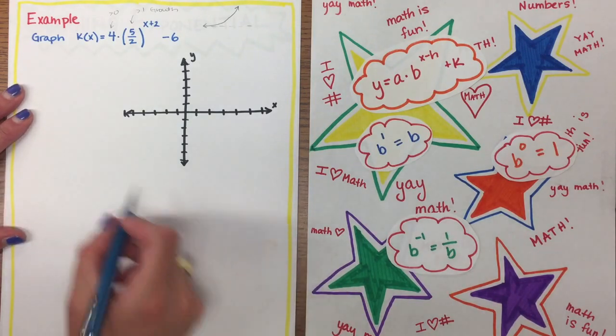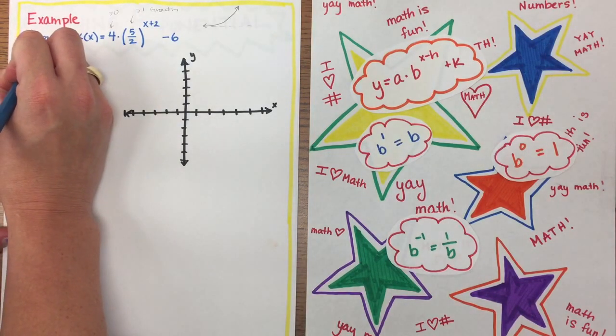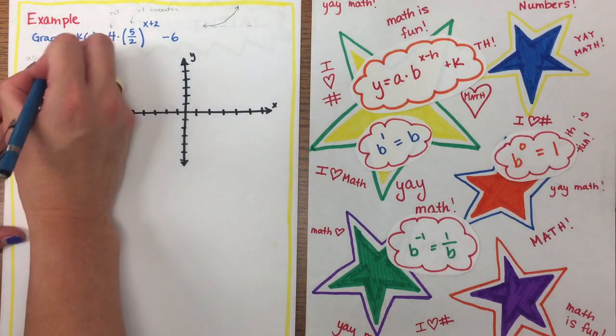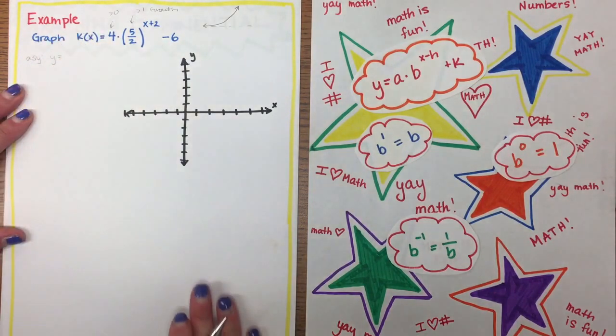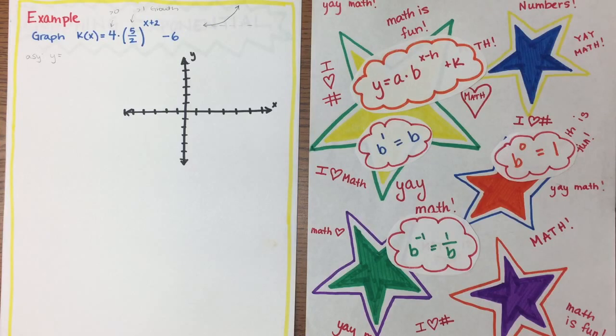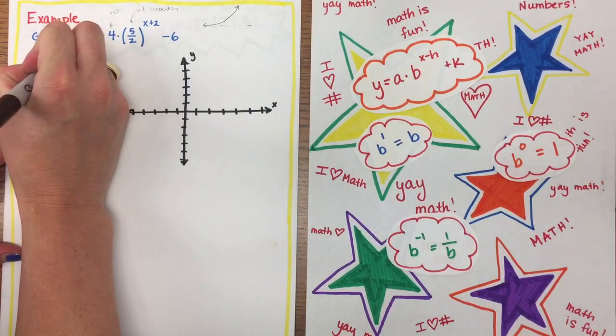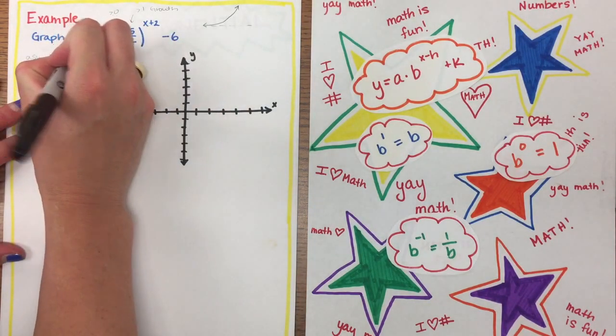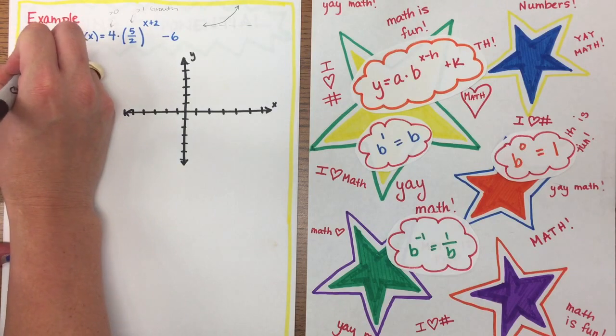I first want to start with the asymptote of my graph, and the asymptote of exponential graphs will always be y is equal to some value. In the case of all exponentials, y will always be equal to k as our asymptote.